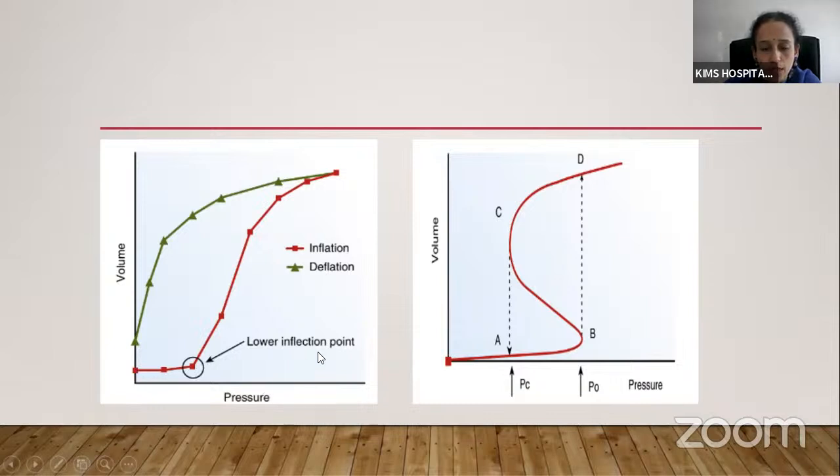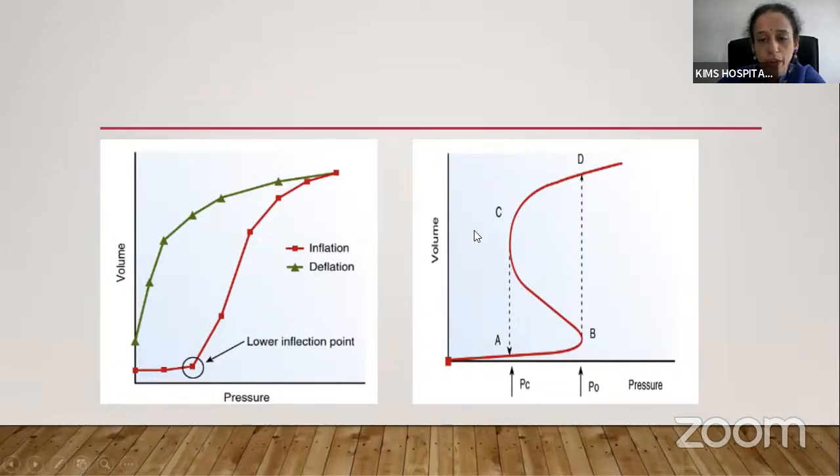Okay, so this is the opening pressure for the lung, here PO. As the pressure increases like this, it goes to the full expansion. But when the pressure comes down, immediately the volume will not close. This is according to the Laplace law, where pressure is equal to 2 into surface tension by radius.